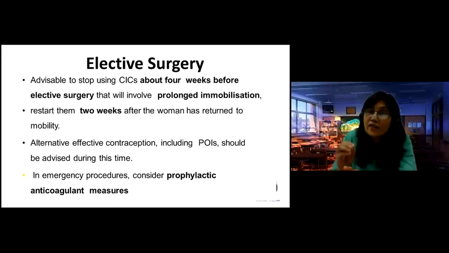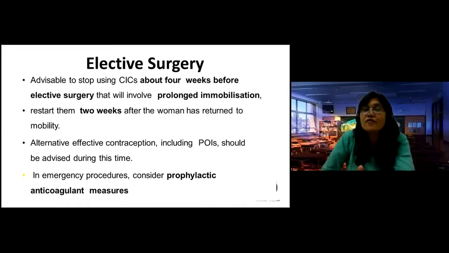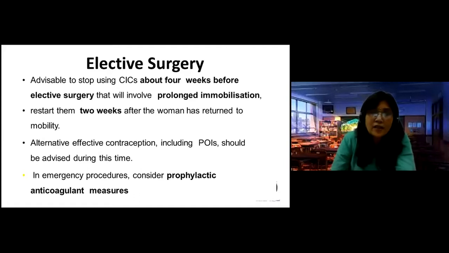If the surgery involves prolonged immobilization, then 4 weeks prior you have to stop, and you can start within 2 weeks once the woman returns to ambulation. Alternative contraception has to be provided if you're stopping. And if it's an emergency procedure, then you have to consider giving a prophylactic anticoagulant measure, because thrombosis will be increased.